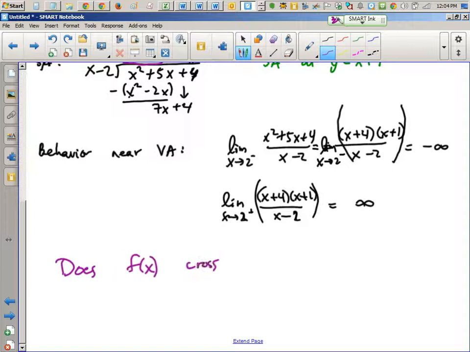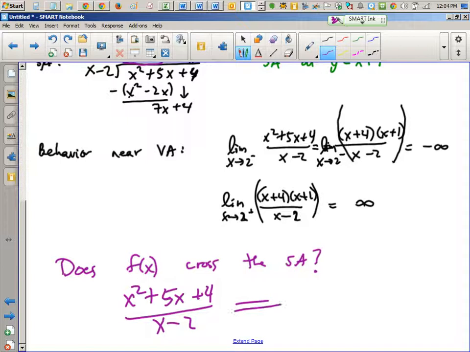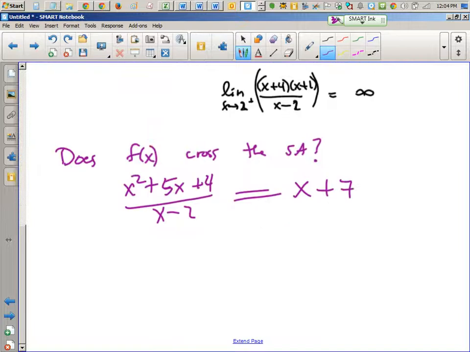Does f of x cross the SA? That's the question. Well, let's take x squared plus 5x plus 4 over x minus 2 and literally set it equal to x plus 7 and solve it. If we get an answer, then evidently they cross. And we'll find out where.